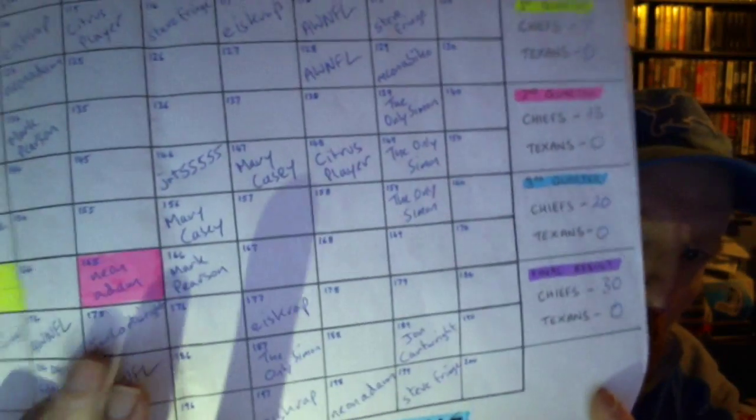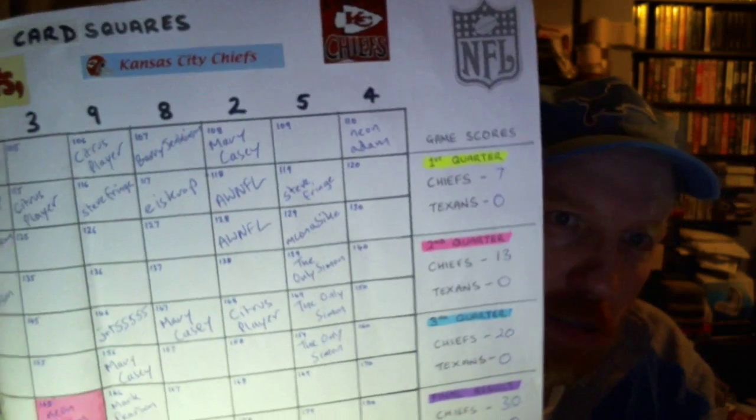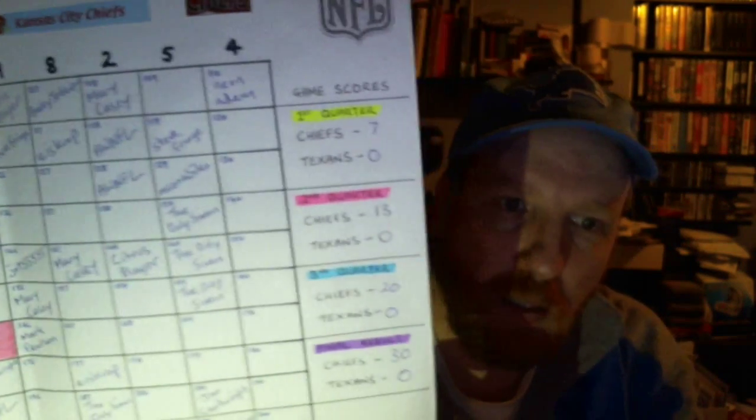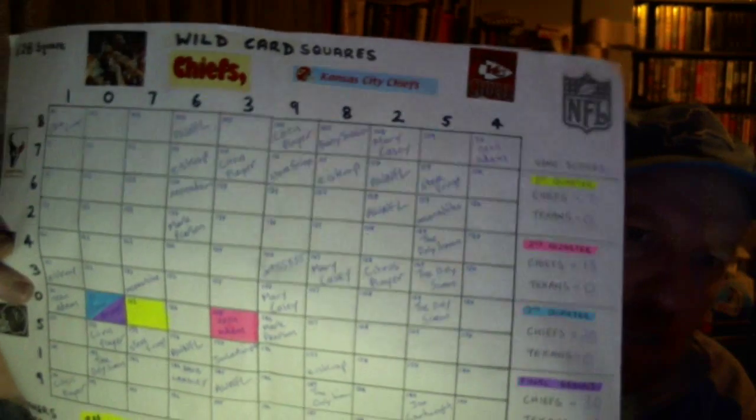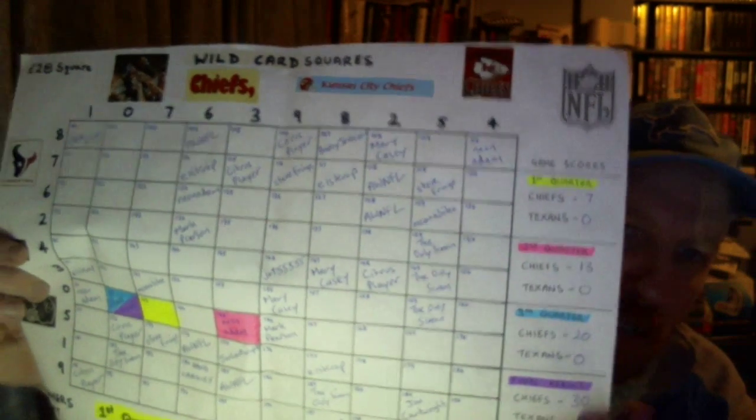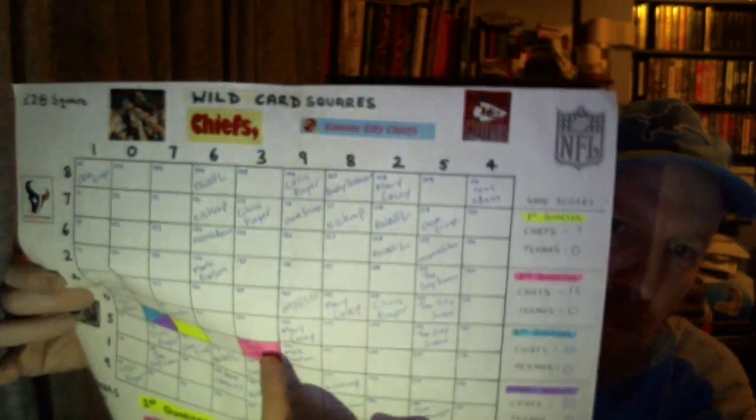Neon Adam. You see that? There we go. Get it in picture. You can see there. Chiefs 3, Houston 0. Where the two meet, that's the winning box. He won the second quarter prize, which was £30.